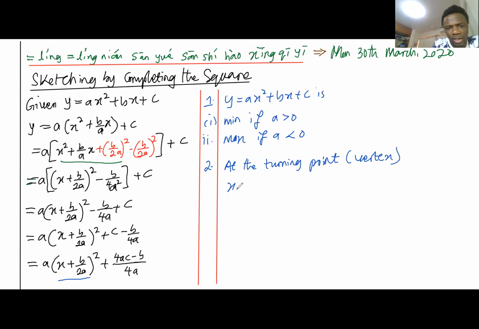That's when x plus b over 2a is equal to 0, which means x is equal to negative b over 2a. And this is the equation of the line of symmetry.